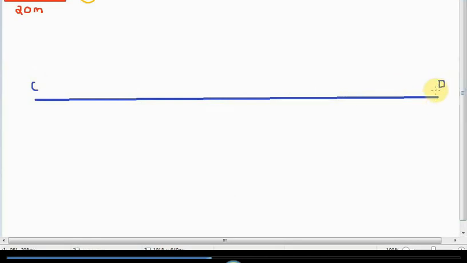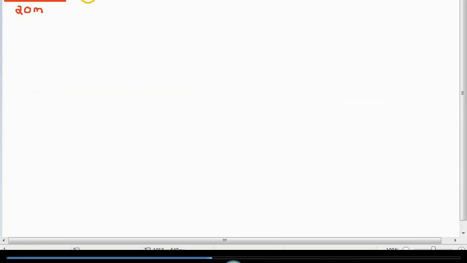Now if I want to measure the distance between any 2 points on CD, let's say I have point C and I have point D, and I want to range a straight line between these 2 points, or measure the distance between C and D. Now the tape is smaller than the length of CD, so I cannot hold one end of the tape at C and the other end at D. I cannot calculate the distance like that.